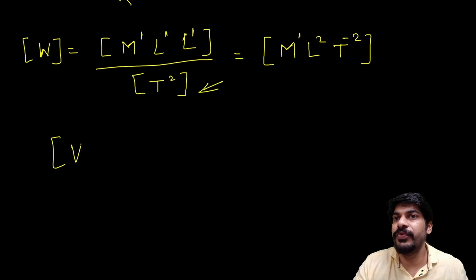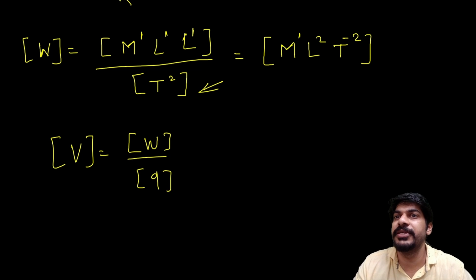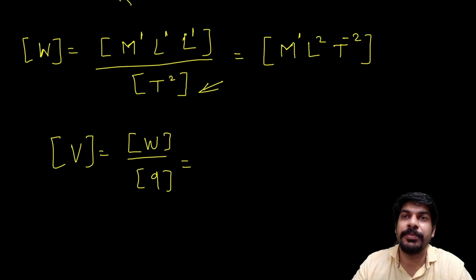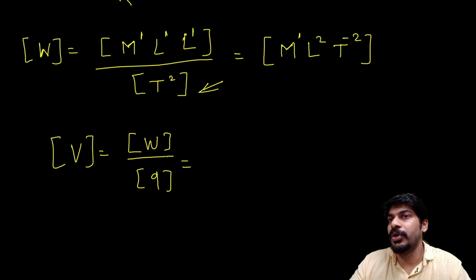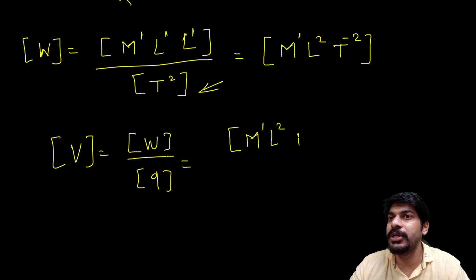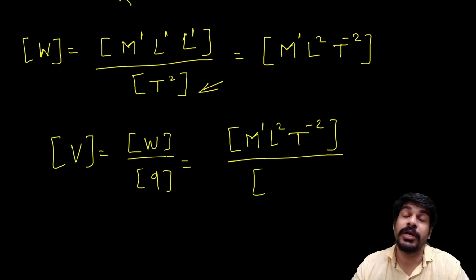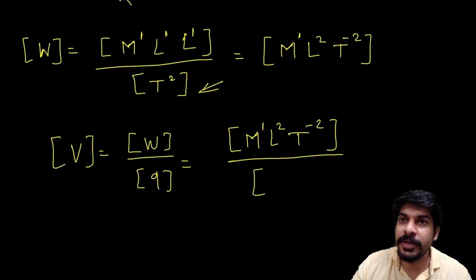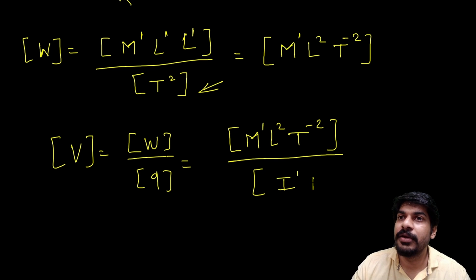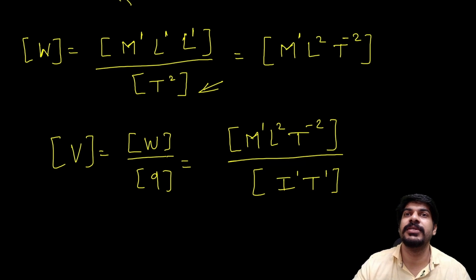So V is equal to, as I said, W upon Q, isn't it? Okay, in terms of the dimensions. Now what is the dimension of W? Nothing but M1 L2 T minus 2 divided by Q, right? What are the dimensions of Q? Nothing but I1 T1, is it?